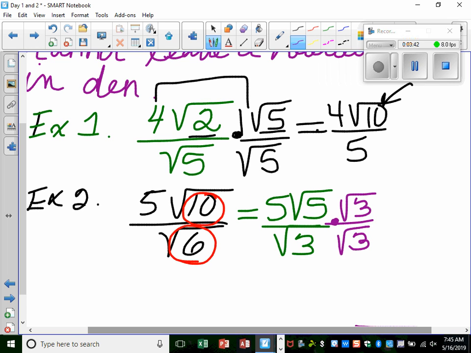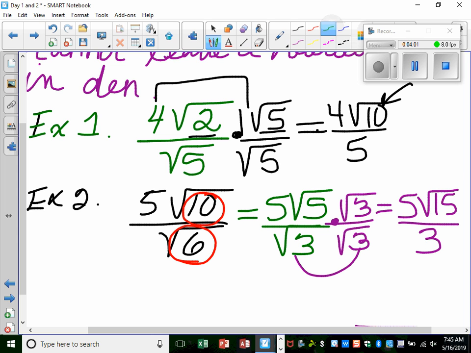We multiply our outside numbers, which gives us 5. Inside numbers give us 15. And at the bottom, the square root of 9 is 3. That's really all it is to it. It's not a difficult concept to grasp. All right, let's do another one.